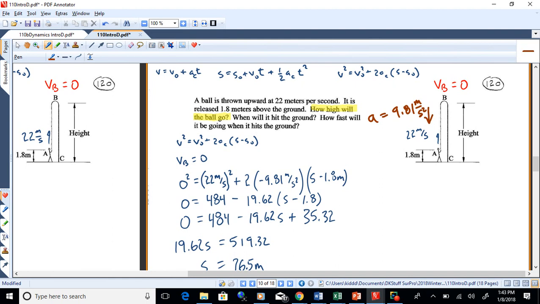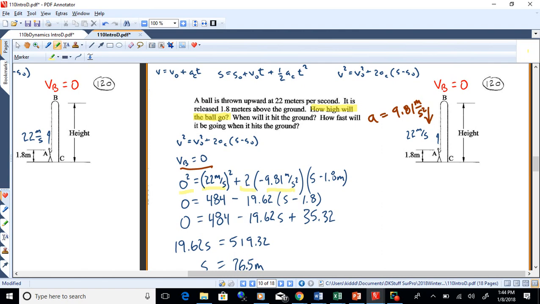So I know the final velocity is 0. I know that. And I also know that the initial velocity is 22. And then I've got 2 times the acceleration. Well, that has to be negative. Okay.